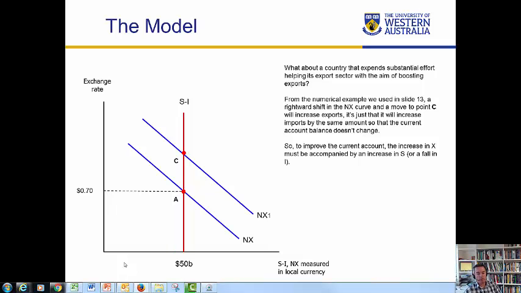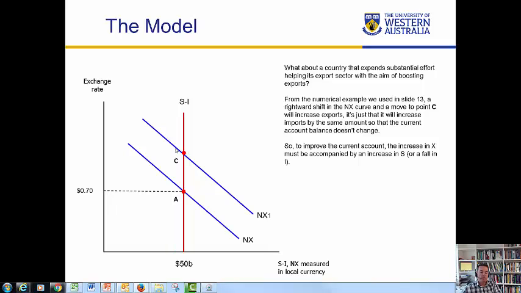Another one, of course, is having the government run government budget surpluses, not government budget deficits. So there's a range of ways we can start shifting this S-I line to the right through higher savings. It's not easy. I'm not suggesting it's easy, but we could imagine how it could be done.